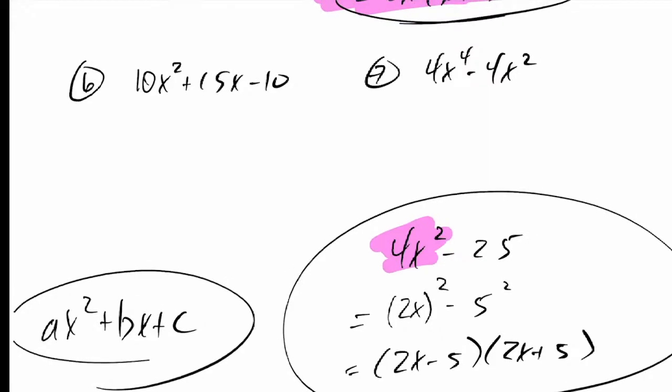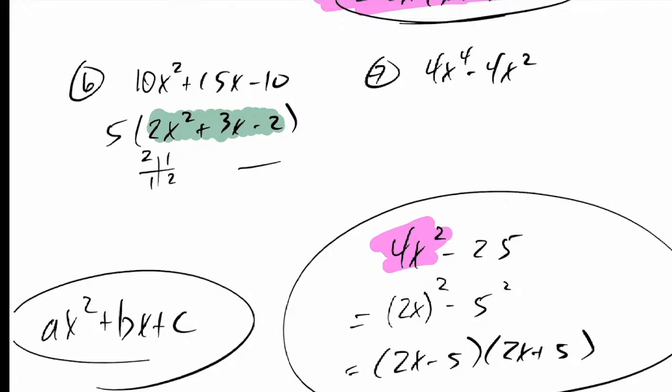Number 6 here, you want to look for a GCF for number 6. You'll see I can factor a 5 out, giving me 2x squared plus 3x minus 2. And then we are left with a complex trinomial. So I would normally factor this using charting.